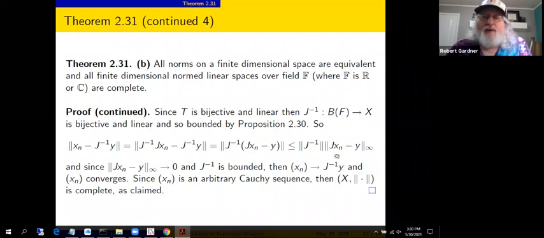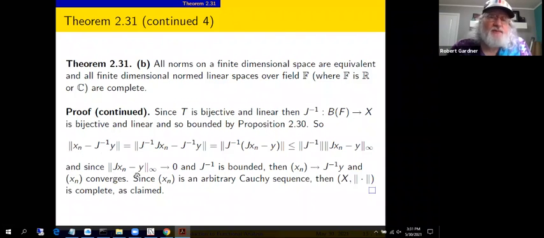We just saw, previous slide, J of X sub n was a Cauchy sequence that converged to Y. We chose Y to be the limit of it. So this can be made small by making n sufficiently large. This is a sequence. This is just some vector. That vector must be the limit of this sequence.